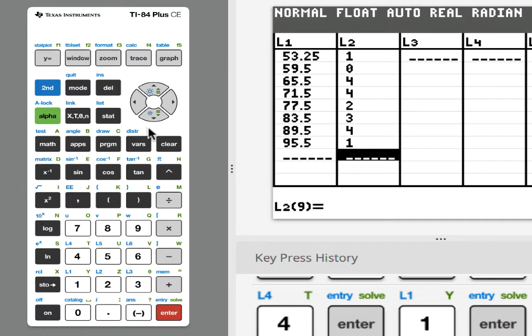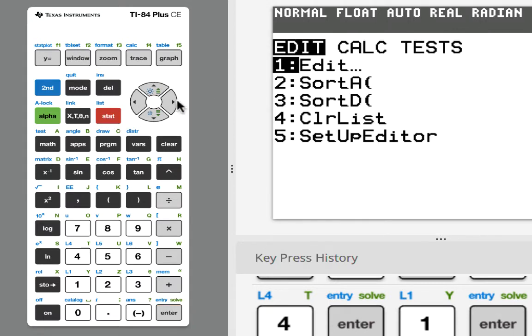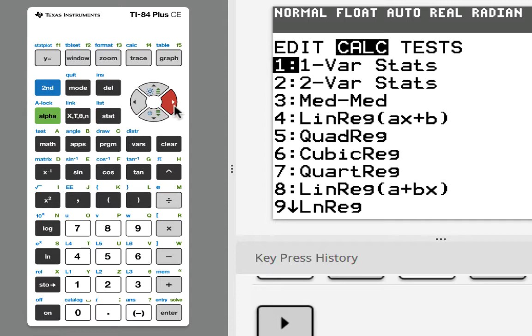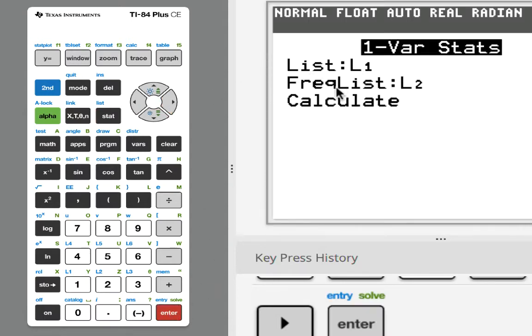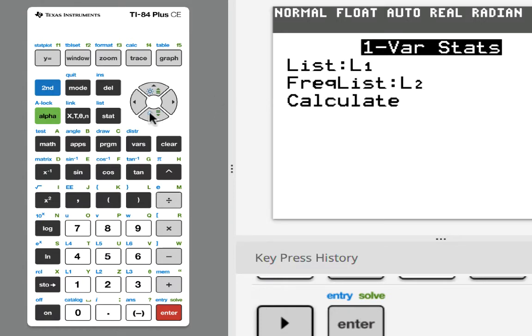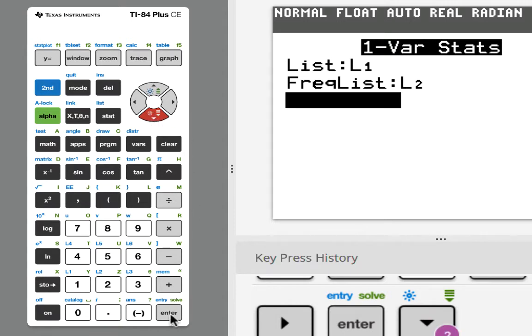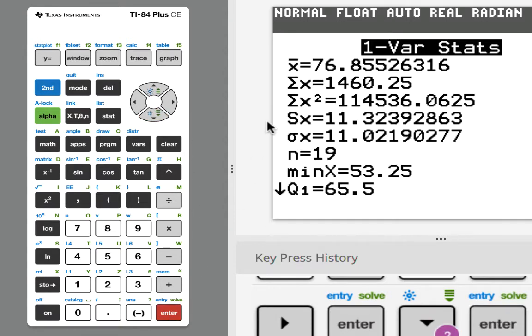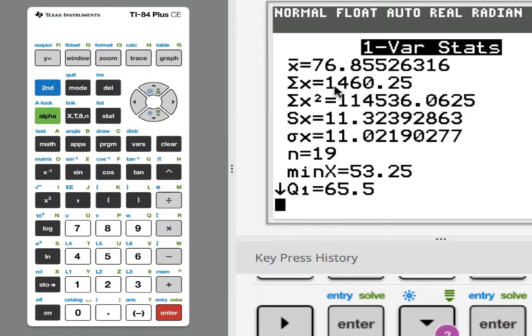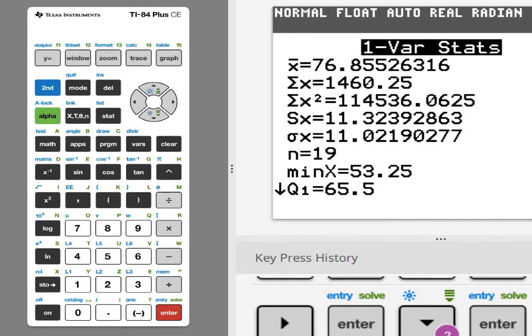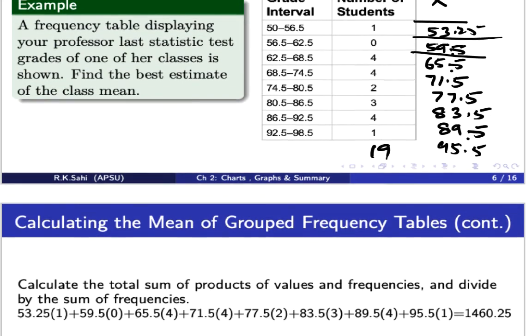We're going to click on stats, take the cursor to calc, one variable stat, enter, list L1, frequency list L2, take the cursor to calculate, press enter. Here's the answer. Notice the sum was 1460.25. The sample mean is 76.855. Notice that's exactly what you have here.